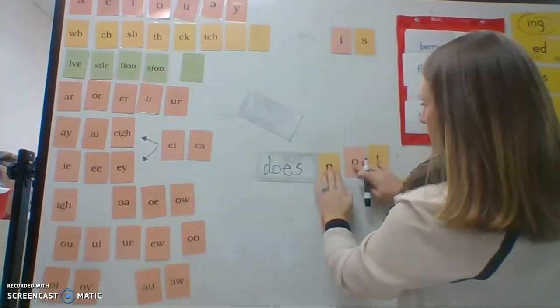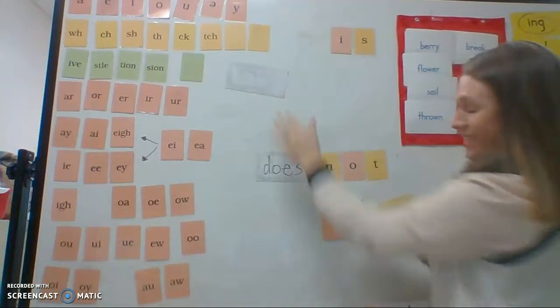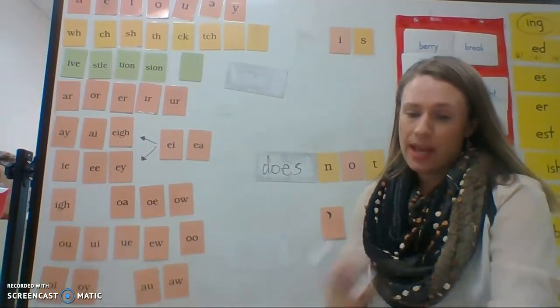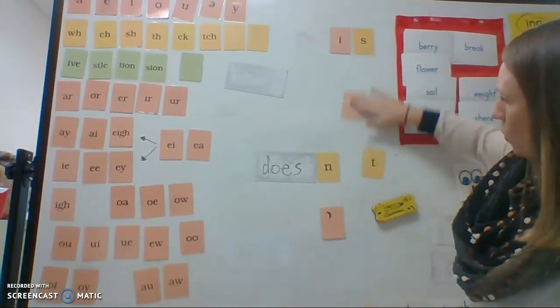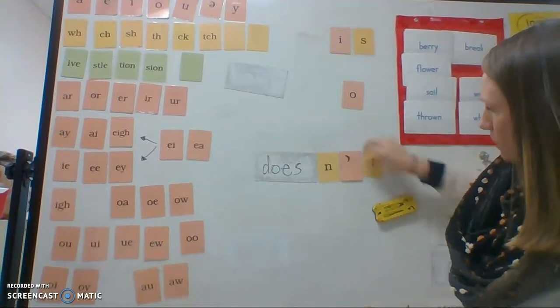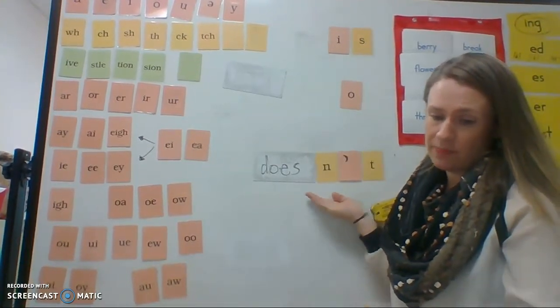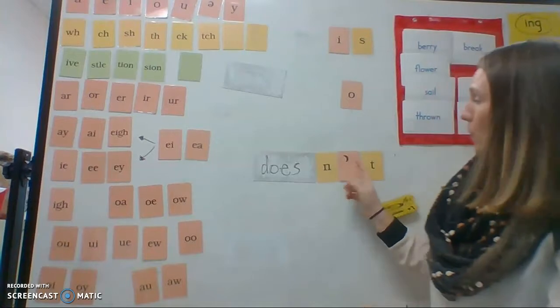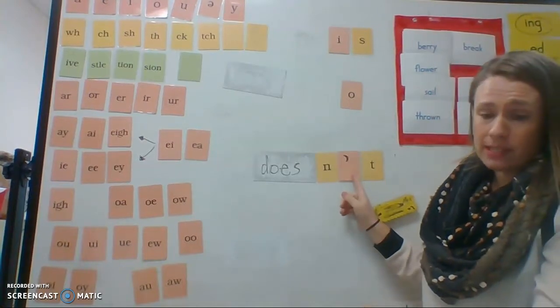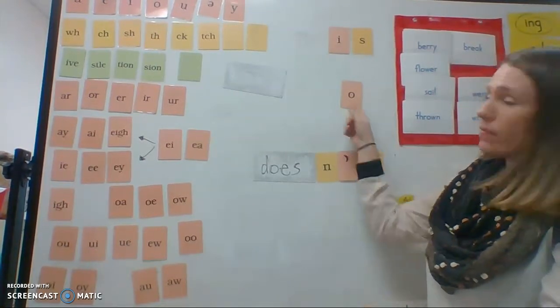Does. And now let me pull down the word not. Okay, and I'm going to go ahead and take the O away. Replace it with my apostrophe and read it to me, everyone. What does it say now with the contractions? Doesn't. Good. What letter did the apostrophe replace? What does it represent? The O.